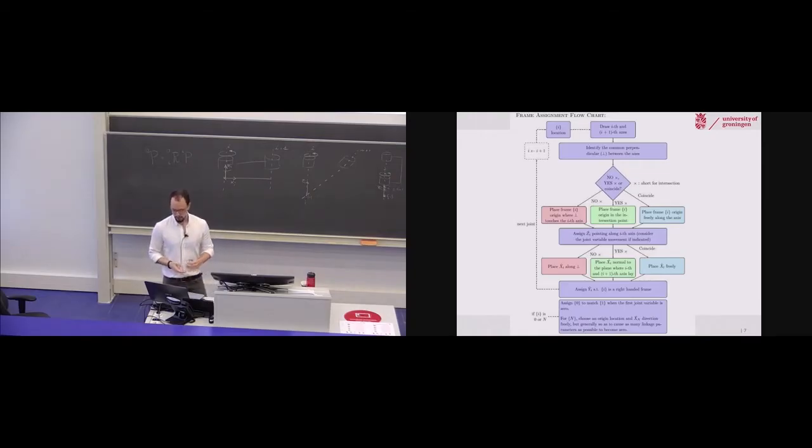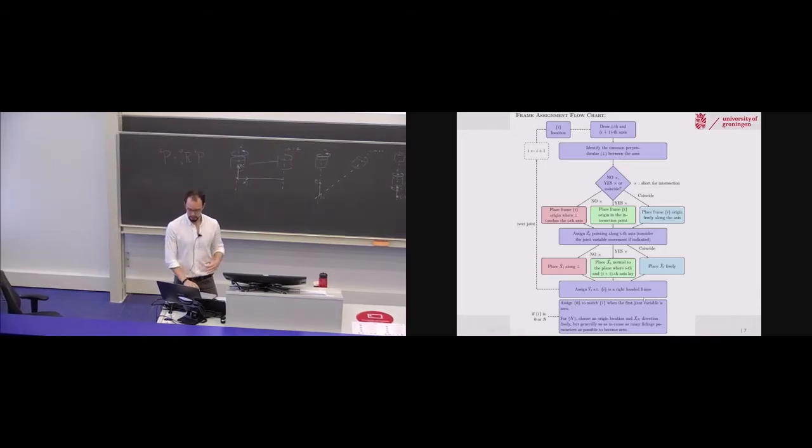If instead there is an intersection, here we are in the green part, you place Xi normal to the plane where the axes i and i plus 1 lie. What does it mean?